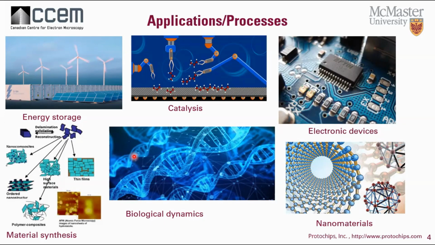In the catalysis field, we can change environmental conditions of chemical reactions and directly observe chemical, structural, and morphological changes. In electronic devices, we can understand the working conditions or the test performance of new devices.